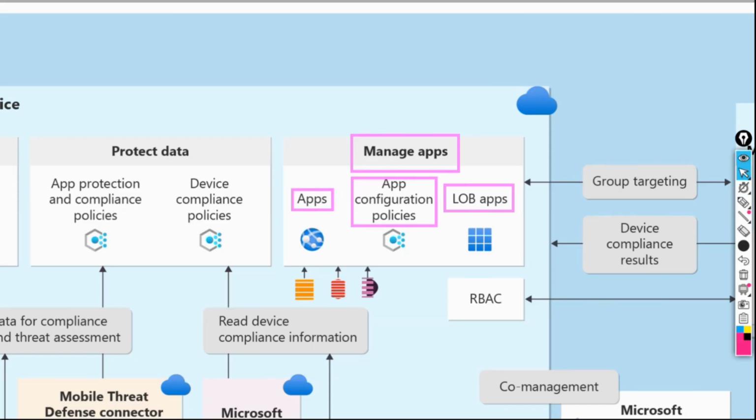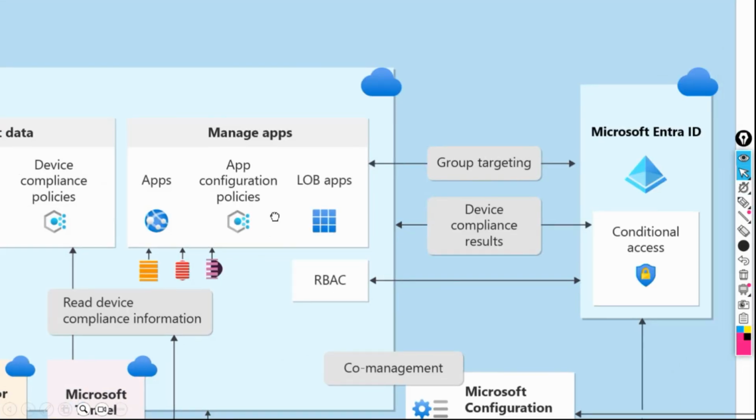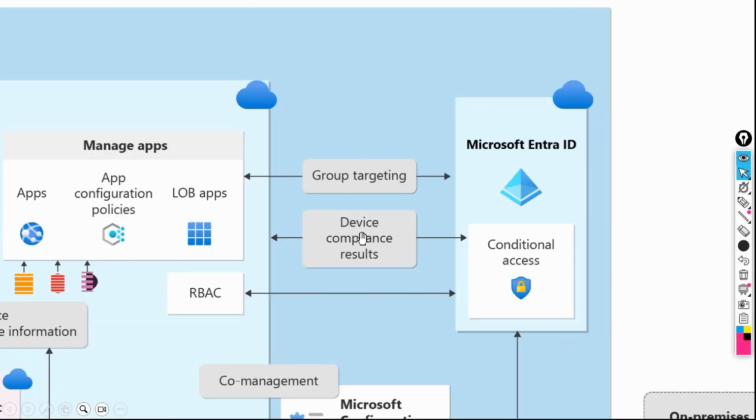Then let's talk about the integration part. The crucial and essential part here comes from Microsoft Entra ID. Microsoft Entra ID, if you are aware, was earlier known as Azure AD, and they renamed it to Microsoft Entra.